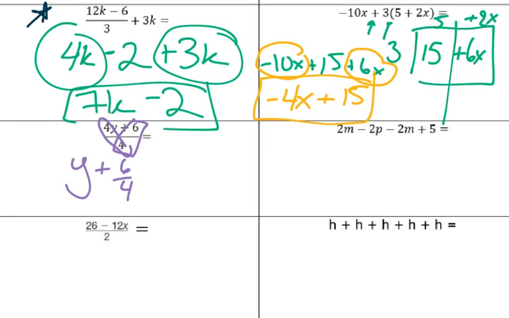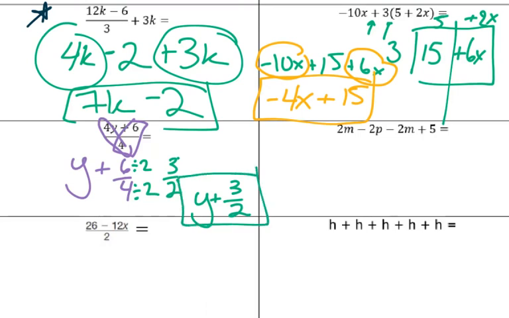So if you have y plus 6/4, you have the right idea, but you need to keep simplifying. 6/4 can both be divided by 2 to give you 3/2, which is the most simplified, and I know that right away just because I know that 3 and 2 are both prime numbers. But I also could have checked and seen, oh, they don't have any common factors except for 1. So your final answer here should be y plus 3/2.